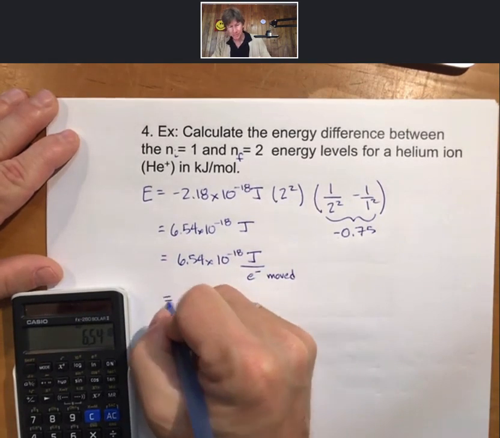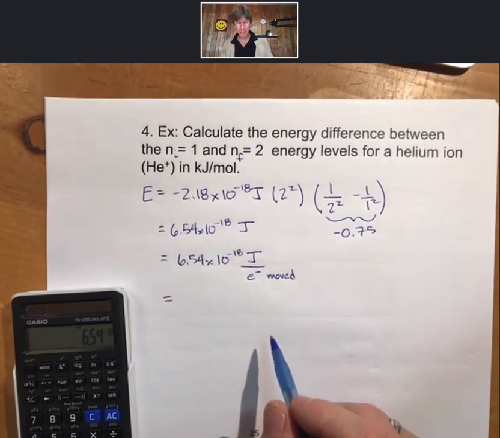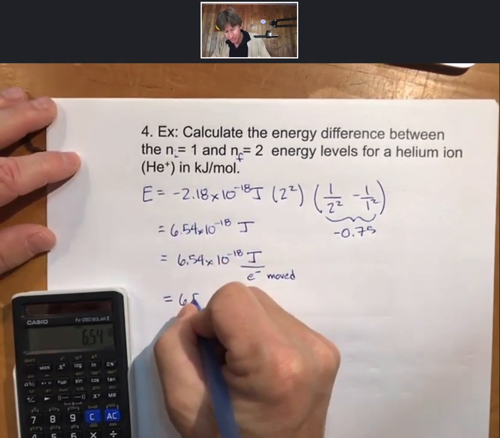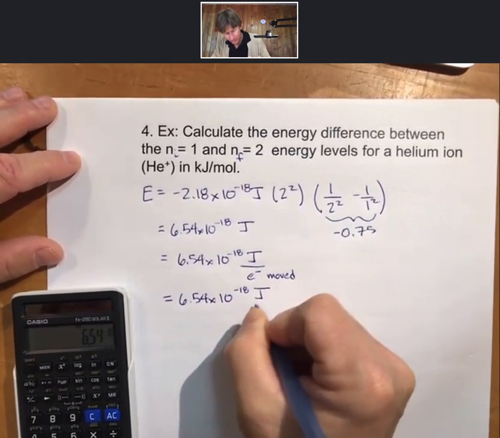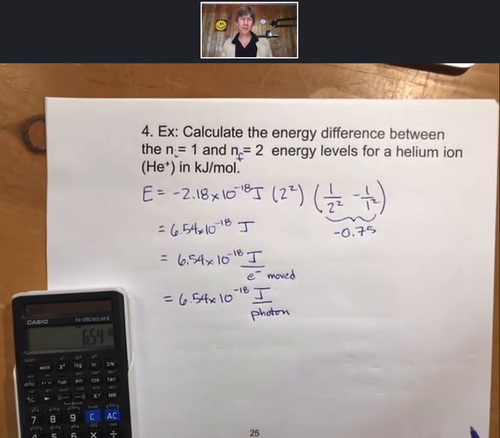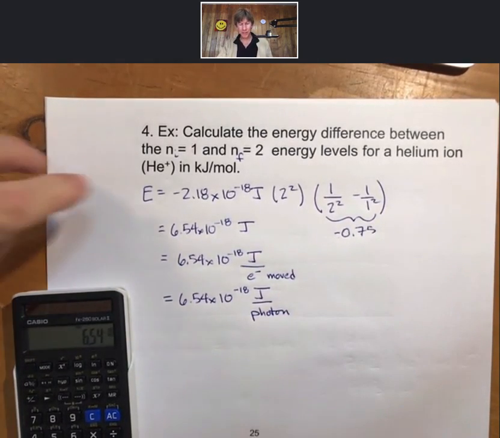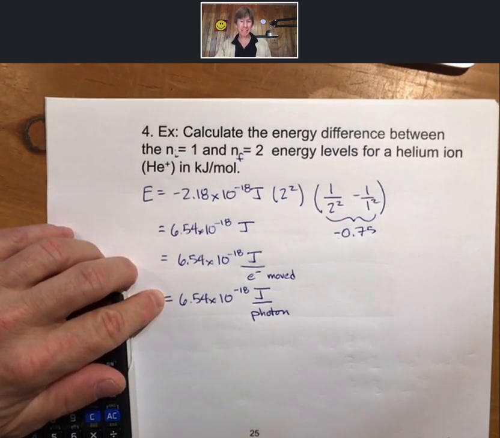Now, it is also true that we can calculate, and have calculated, the energy of a photon of light based on this energy. And when we do that, we will add the units per photon. And so this energy is associated with a specific thing happening.